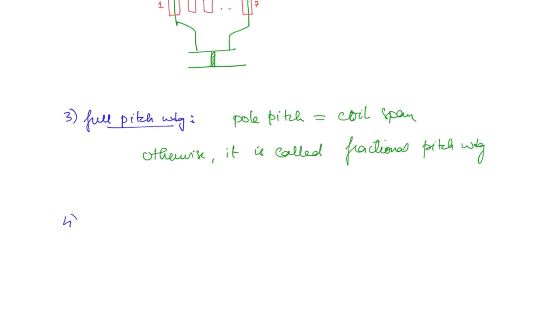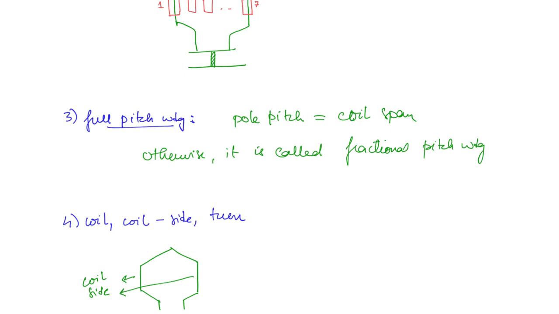Next, what is a coil, coil side and a turn? If you consider one coil like this, this is a coil of one turn, and this one side is called the coil side. Each of these sides will be put in the armature slots. So this is one coil side. Similarly, this is also one coil side.